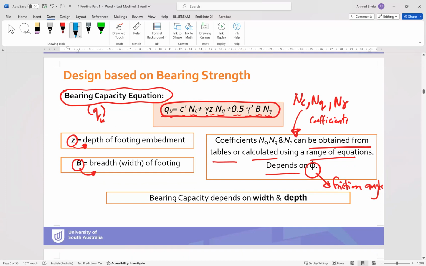And C, as you know, is the soil cohesion. Gamma is the unit weight of soil.